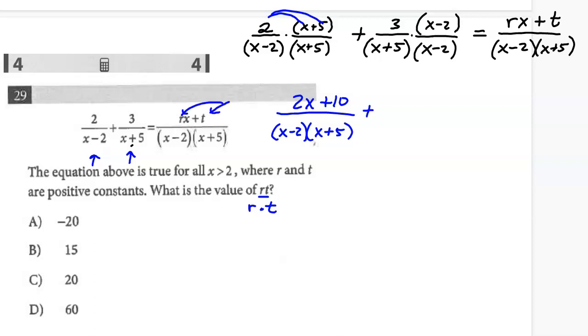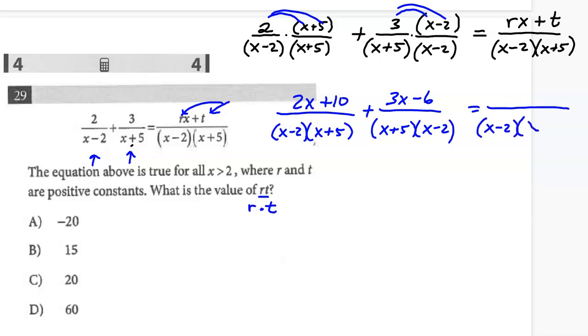So plus, and when I do this one, I get 3x minus 6 over x plus 5 times x minus 2 equals, well, when I add the top together, remember when you add two fractions, the bottom stays the same. So we're looking good down there. Let's see what happens with the top. When I do 2x plus 3x, I get 5x. And then when I add positive 10 to negative 6, that's plus 4.